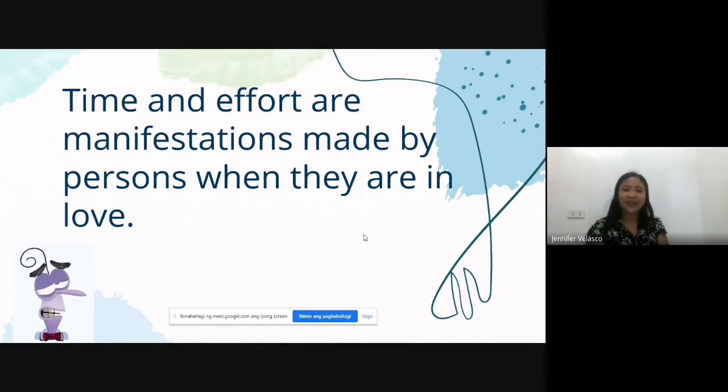Very good, Stephanie, for realizing the correct answer. Again, our subject, time and effort, is our term. And for our class, manifestations. And the rest, made by persons when they are in love.